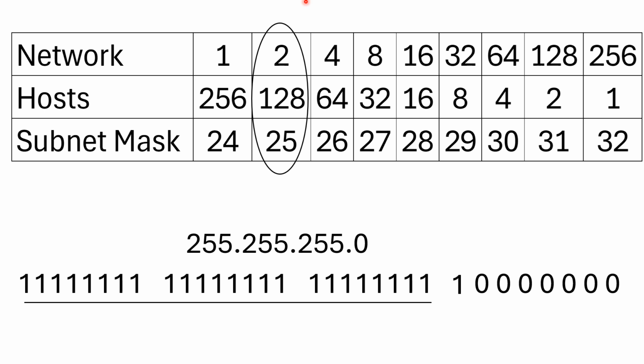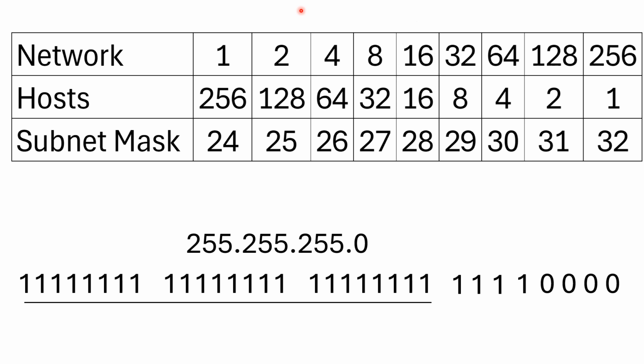Note that as we start making more networks, the number of hosts in every network keeps decreasing, and with each increase, the subnet mask continues to increase by 1. You can also see that if you multiply the networks in each section with the number of hosts, it will always be 256.